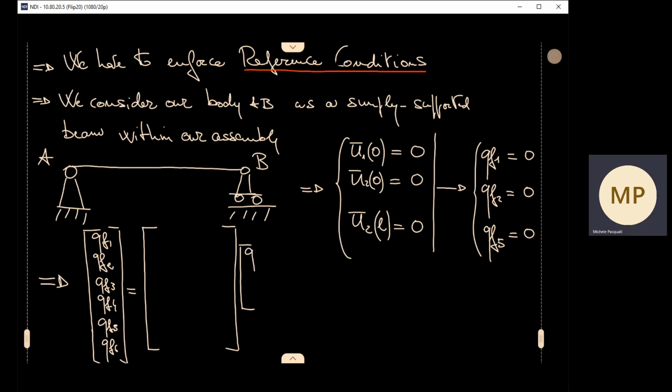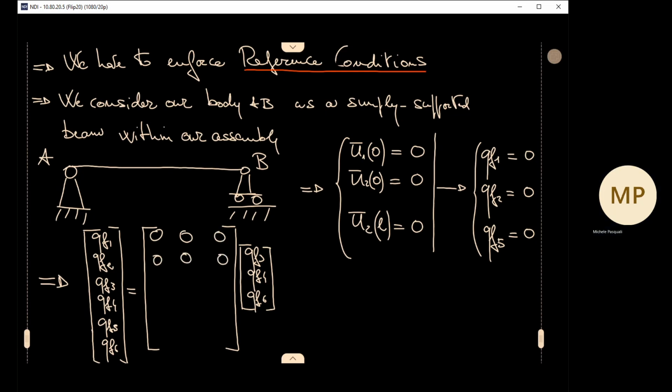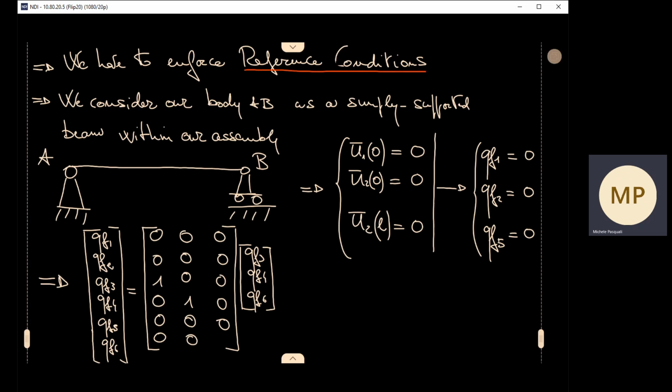Which ones are left? QF3, QF4, and QF6. These are the only ones which are left. And we can say that this vector here is the same as writing this. 1, 0, 0, 0, 1, 0, 0, 0, 0, 0, 0, so 1.